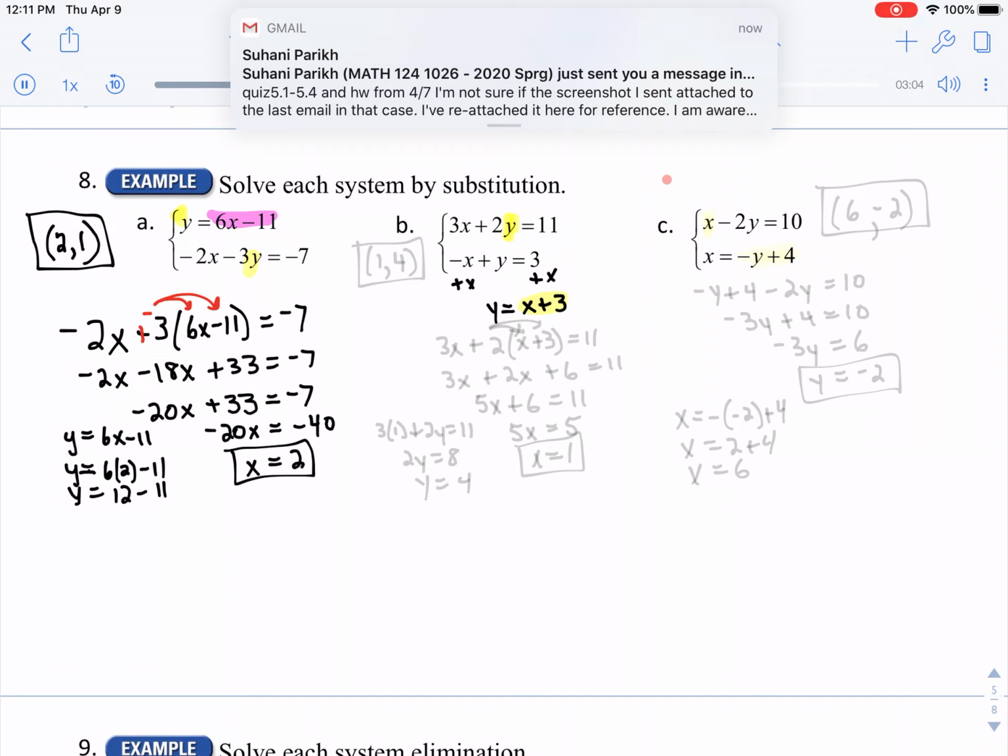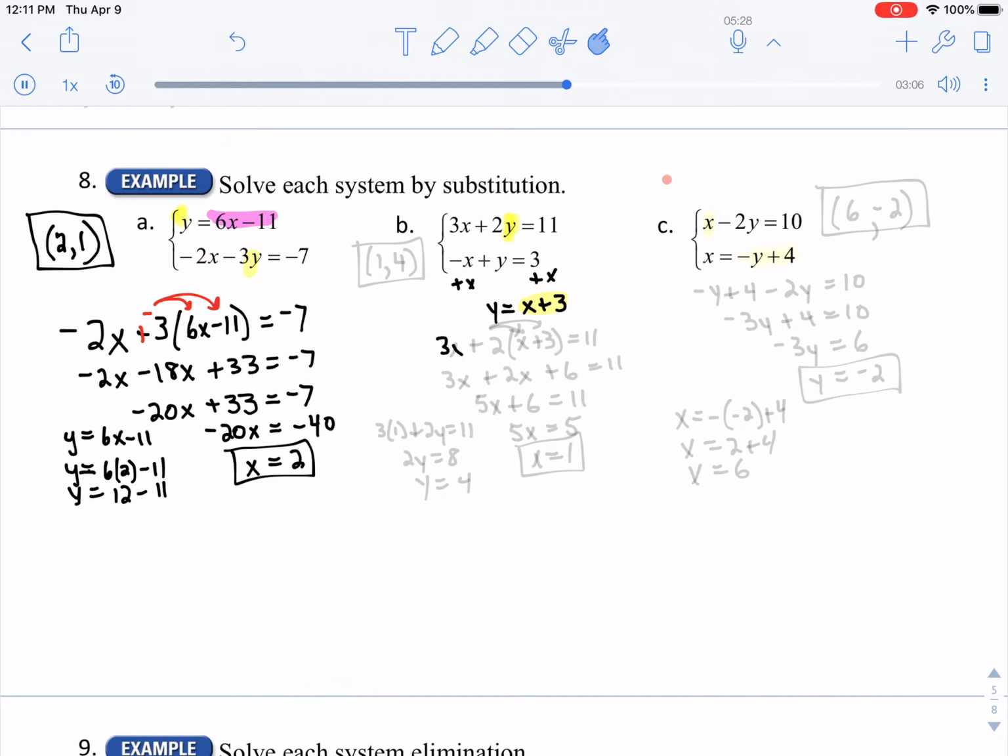So that will give me 3x plus 2 times y, but y is now going to be what it's equal to, which is x plus 3, equals 11. Now we're going to distribute that 2. So we get 3x plus 2x plus 6 equals 11. Combine our like terms and we get 5x plus 6 equals 11. Subtract 6 from both sides and we get 5x equals 5. And divide both sides by 5 and we get x equals 1.